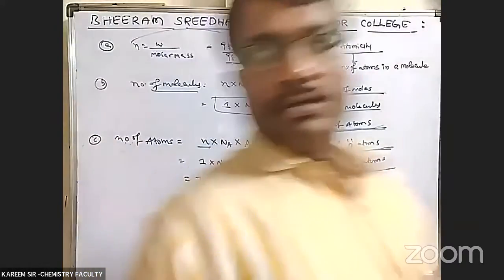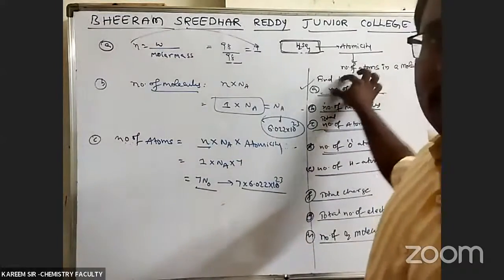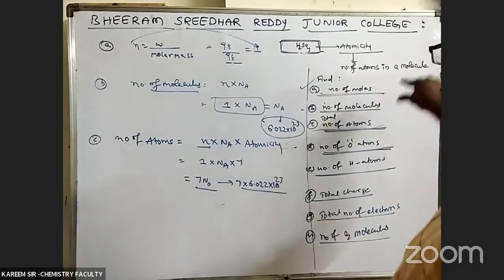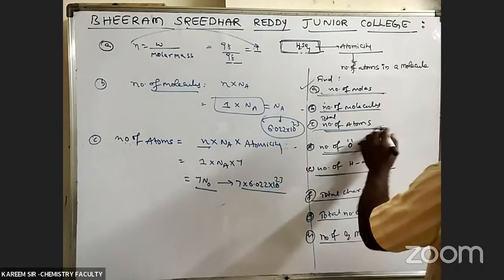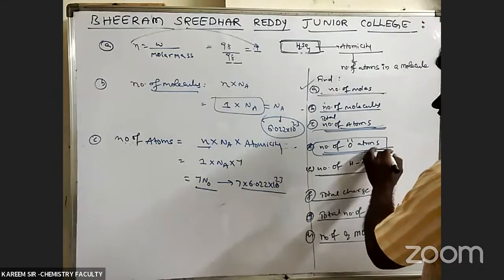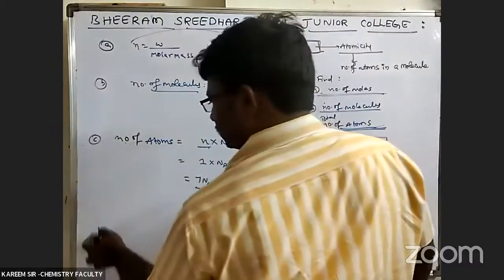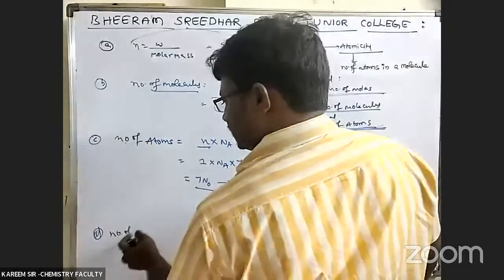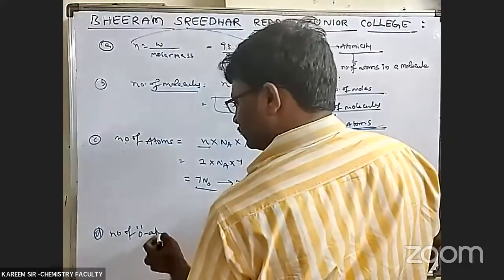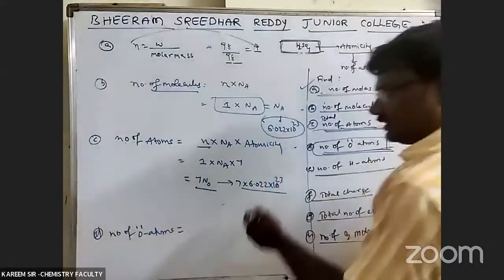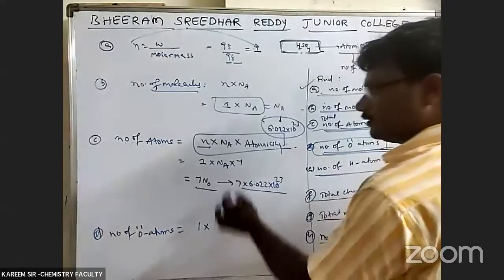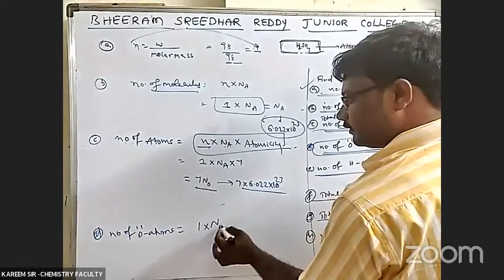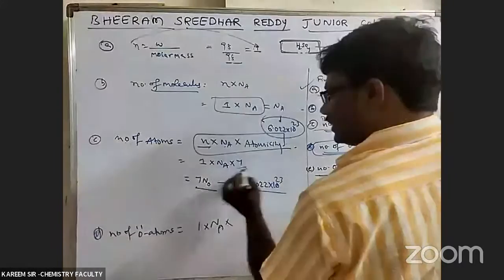So in the given weight we found the number of moles, number of molecules, number of atoms, total number of atoms. Now the number of oxygen atoms, fourth question. Same formula: number of moles 1 and Avogadro number into total atoms 7.